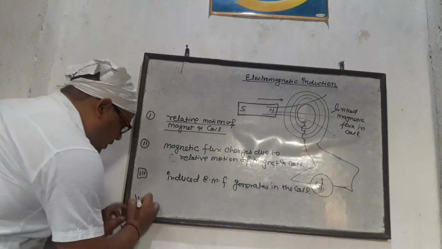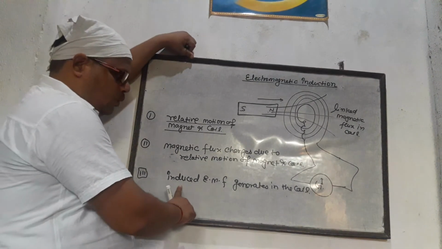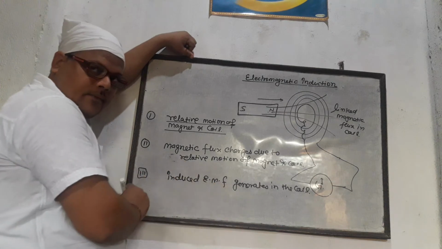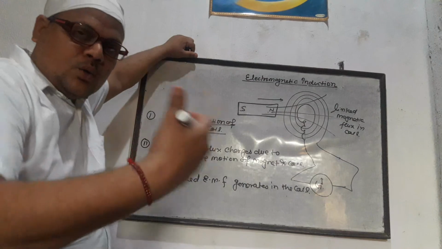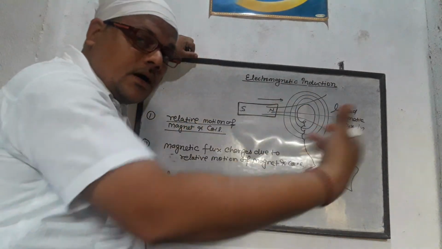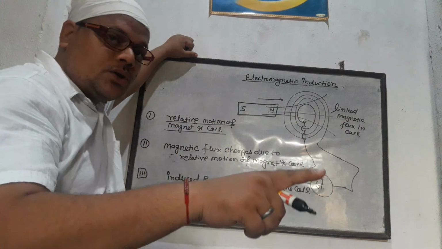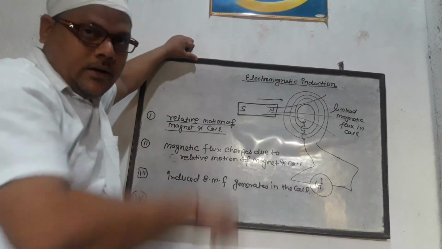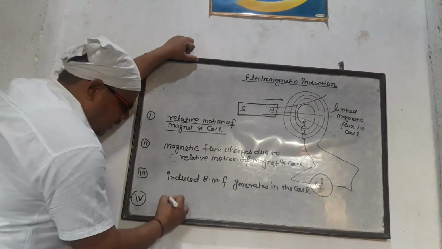And now the fourth step is, due to induced EMF, or when induced EMF is established in the coil, current flows in the coil. This type of current is called induced current.